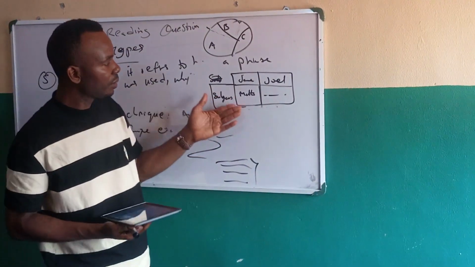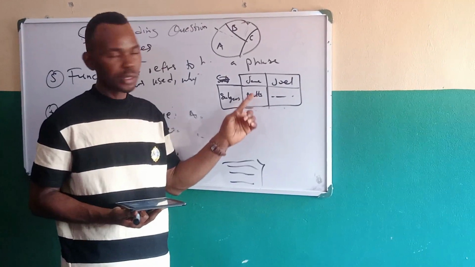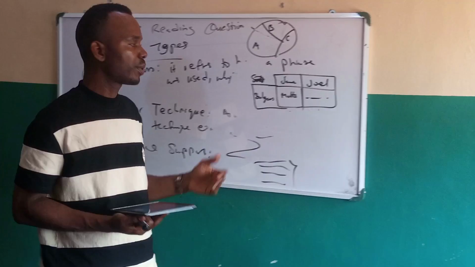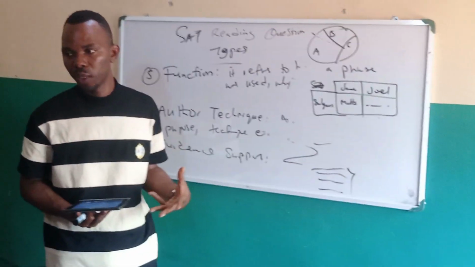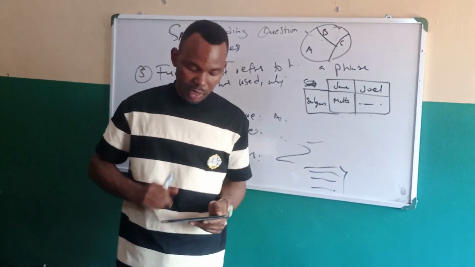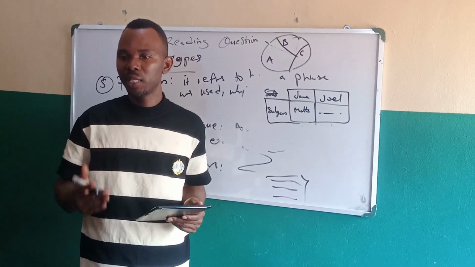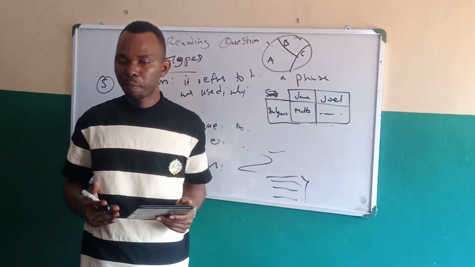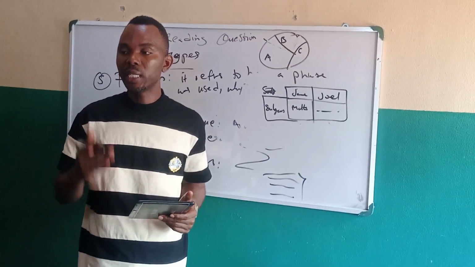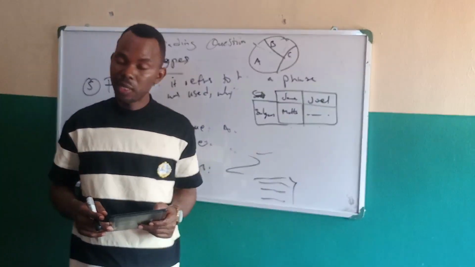For example, this simply means that Jane is offering mathematics. Do you understand? Yes. So not Joel, it is Jane. Joel may be English. So when you're interpreting a table, you pay attention to the categories to help you to arrive at valid information. So overall, these are the question types of the digital SAT reading test. You need to pay more attention to them, even on your own research on them, because once you are able to understand them very well, it will be easier for you to do well in the SAT reading test. All right?